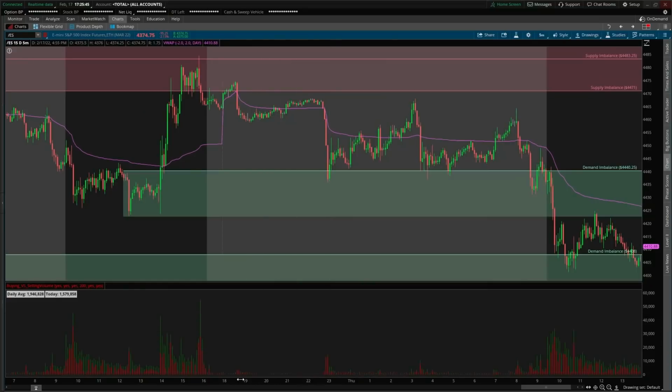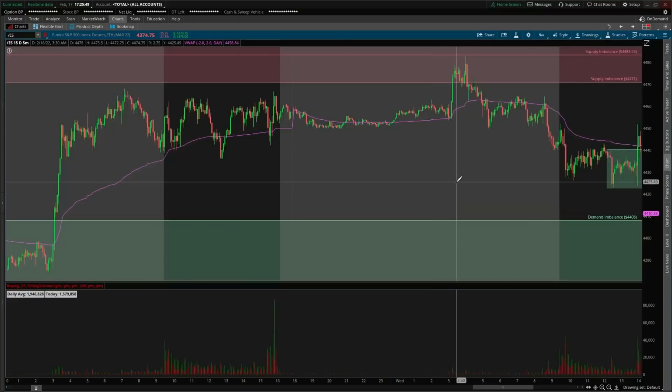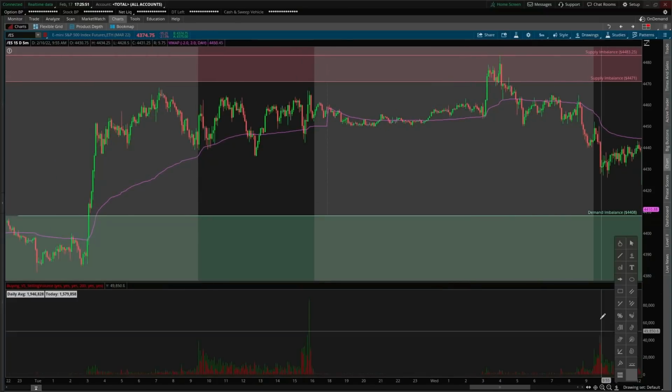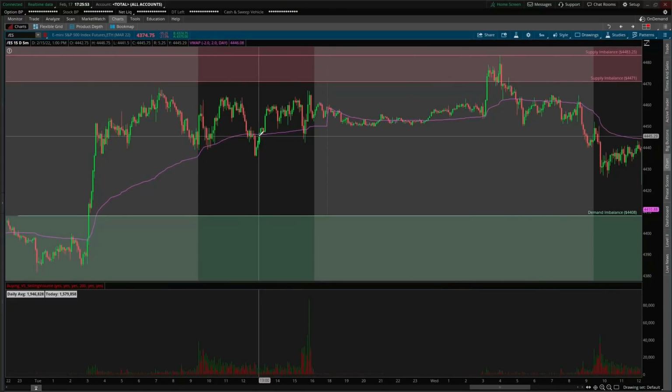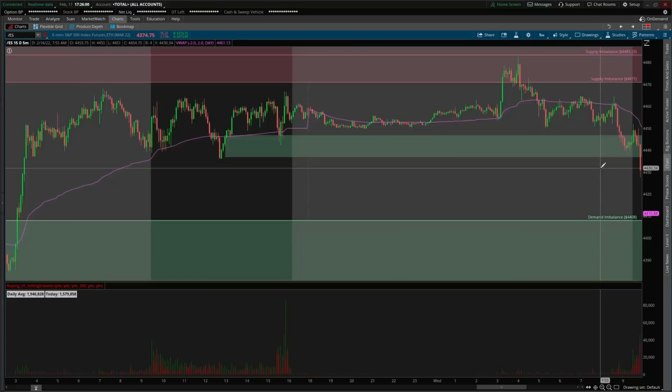For example, yesterday we had the same exact analysis. The pre-market plan, we had demand in this area right here to the lows, and I was watching a break out of this demand. I mean, this chart looks identical, right? This is Wednesday's action, February 16th.